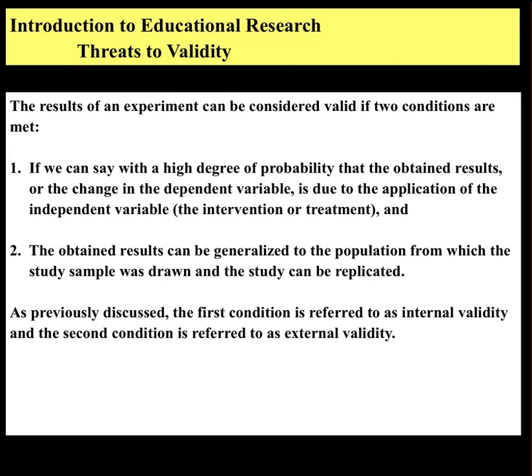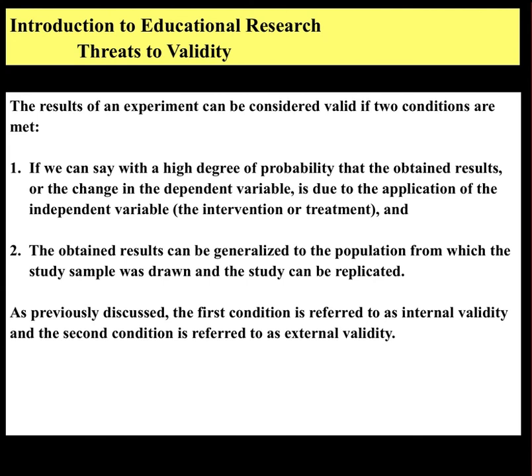So the results of an experiment can be considered valid if it has very good internal validity and very good external validity. The way you can judge that is by being aware of the threats to internal validity and the threats to external validity. They can be considered extraneous or confounding variables, variables that allow for alternative explanations of a research study.